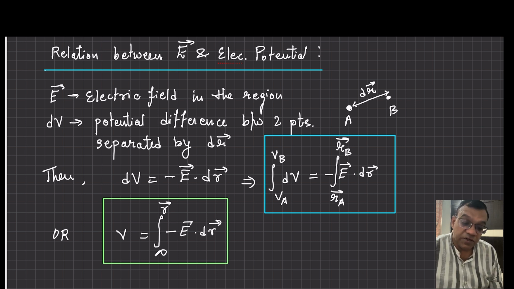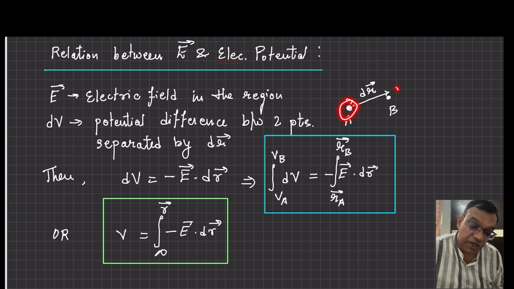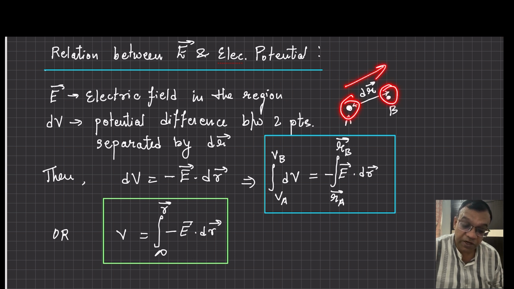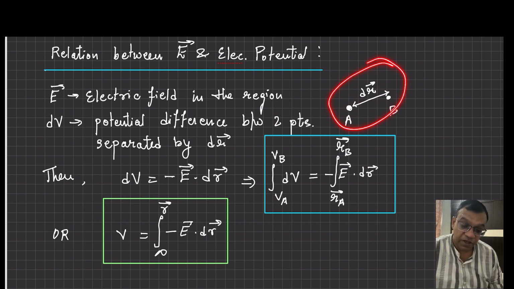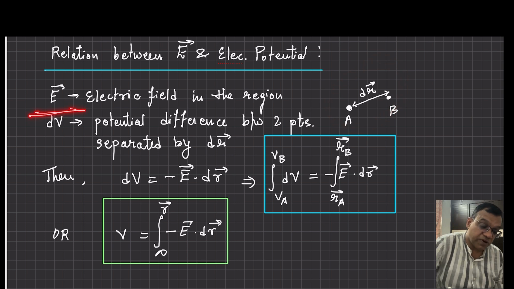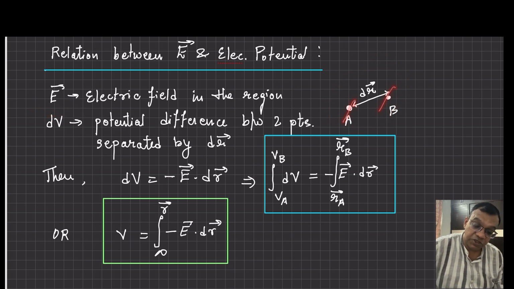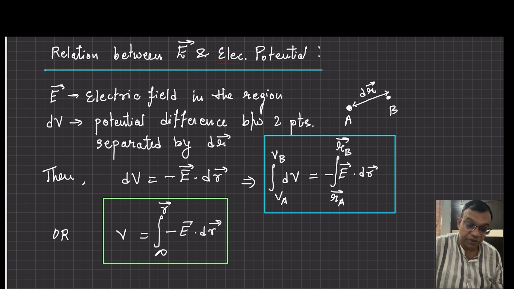Let us consider there are 2 points A and B in an electric field region, and the separation between these 2 points is dr vector. And in this region, the electric field is E, and the potential difference between these 2 points A and B is dV.